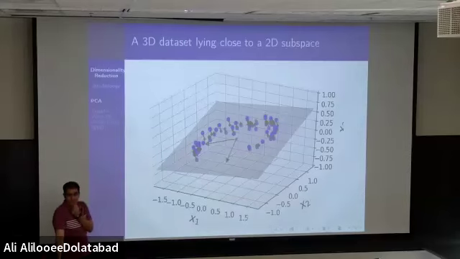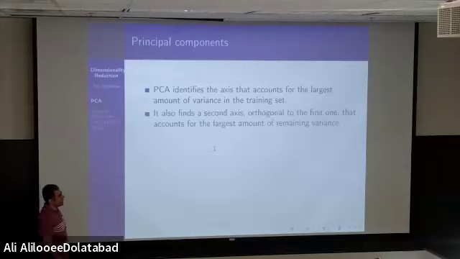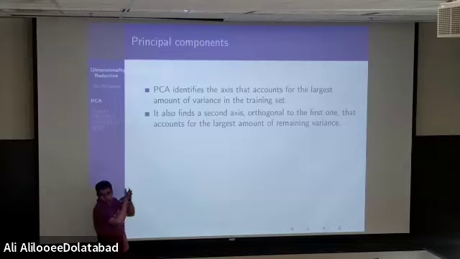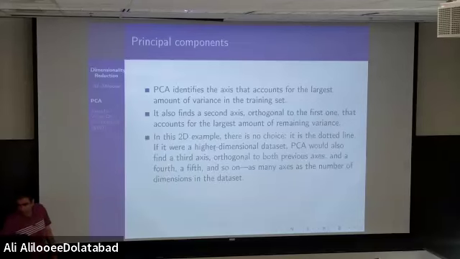These axes that contain the first maximum, second maximum, third maximum are called principal components. These principal components that we are talking about are these axes. The only thing that you need to remember is that these principal components should be orthogonal. That means they have to be perpendicular, okay? And these axes will give us the plane that we want.